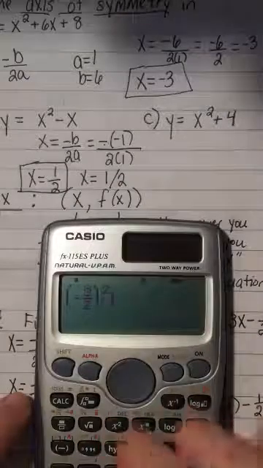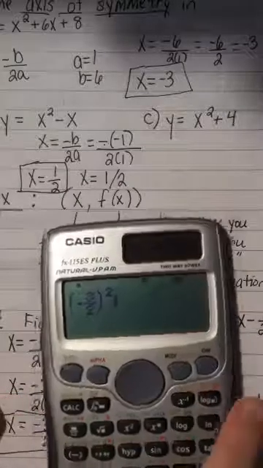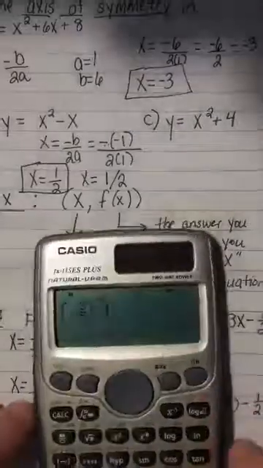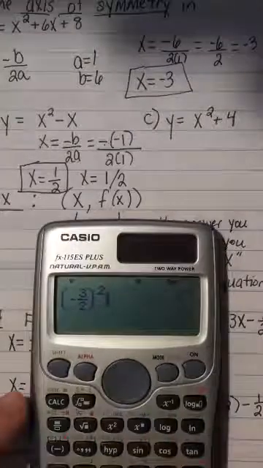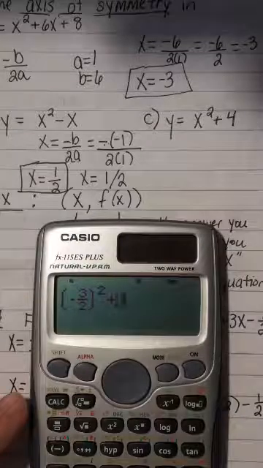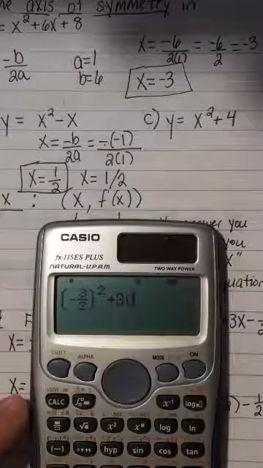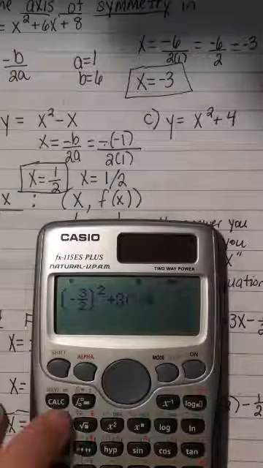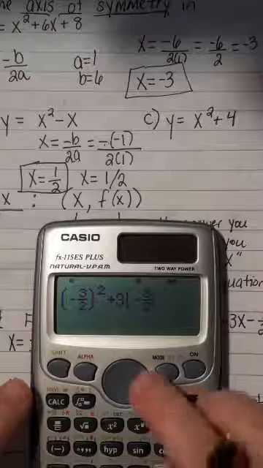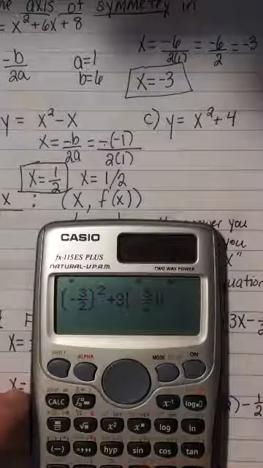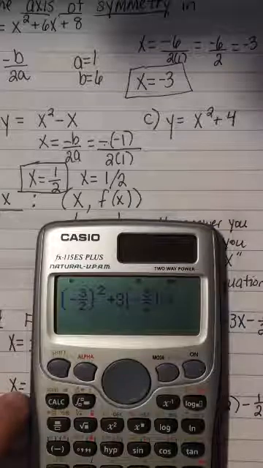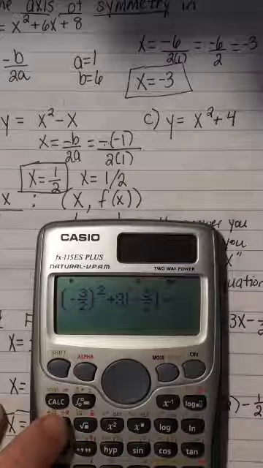Then square it. And then it was plus 3 times negative 3 over 2. So plus 3, parentheses, negative 3 over 2. And then at the end it's minus 1 over 2.